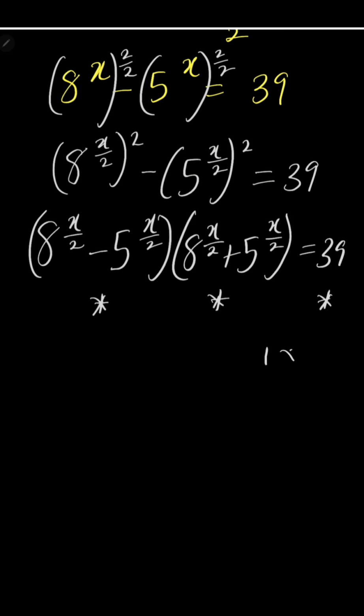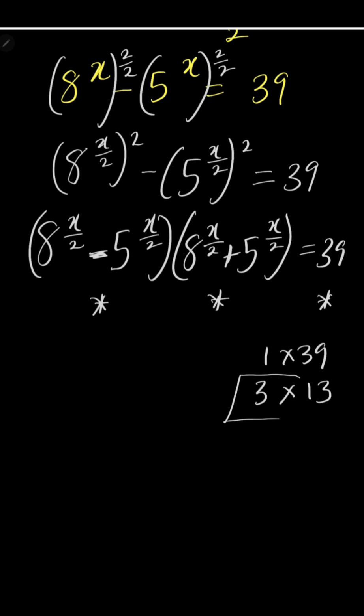You know that 1 times 39 is 39. 3 times 13 is 39. Nothing else can multiply to give us 39. And you know that the one that is negative should be smaller than the one that is positive.